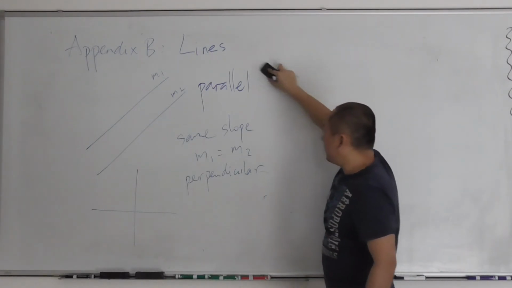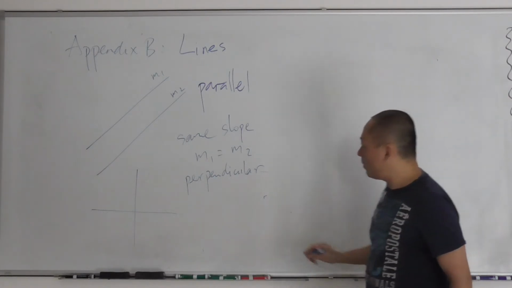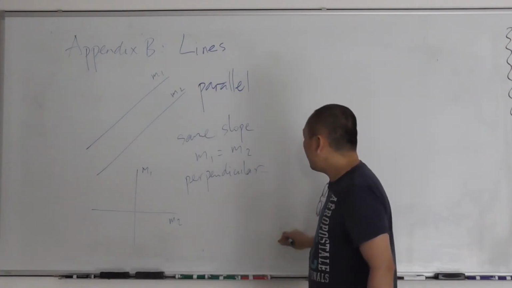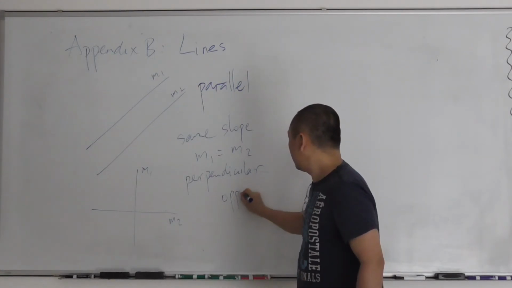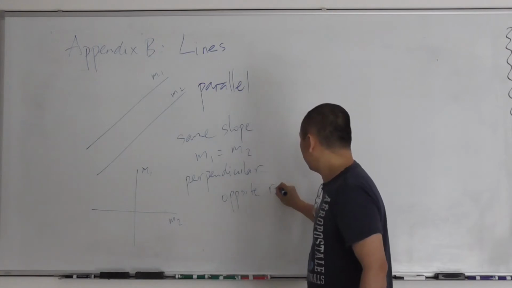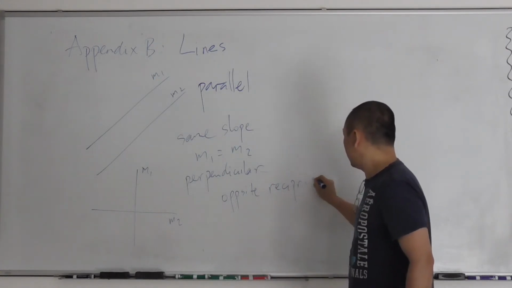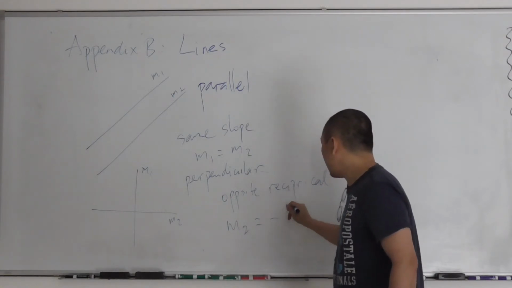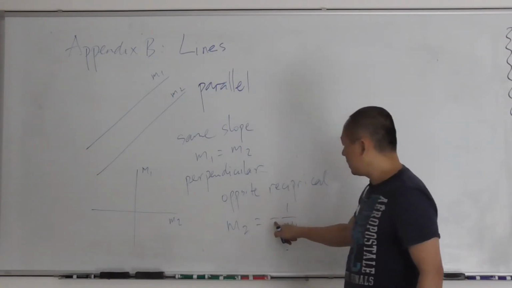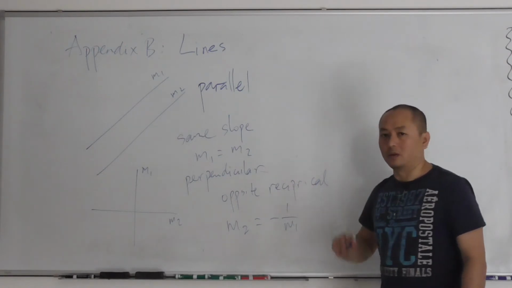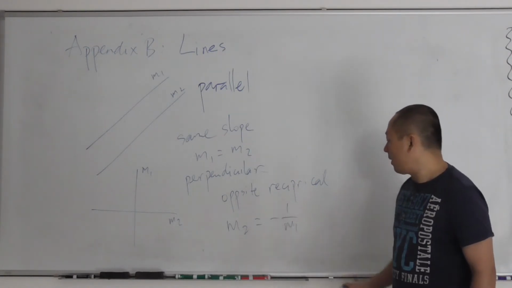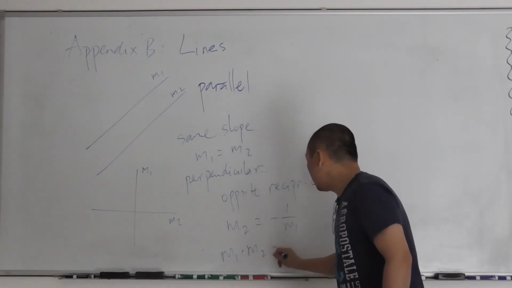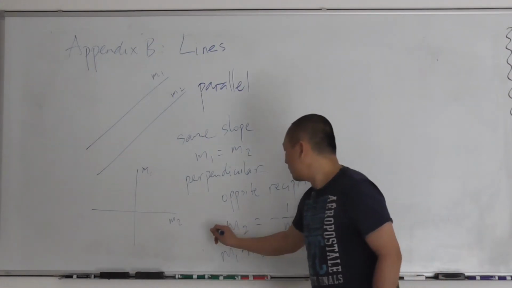If two lines are perpendicular, the two slopes, m1 and m2, are opposite reciprocals. That means m2 equals -1 over m1: opposite sign, reciprocal of m1. If you multiply by m1, you get m1 times m2 equals -1. Those two things are the same.